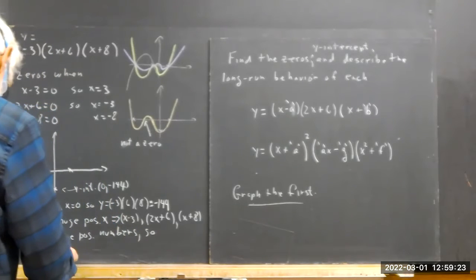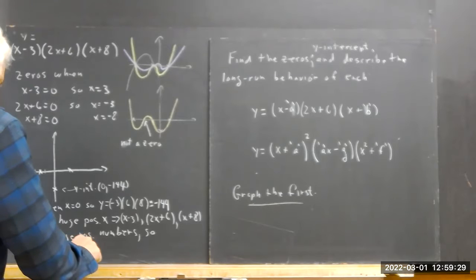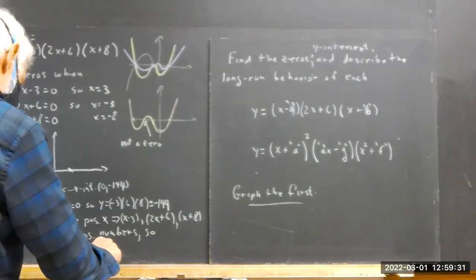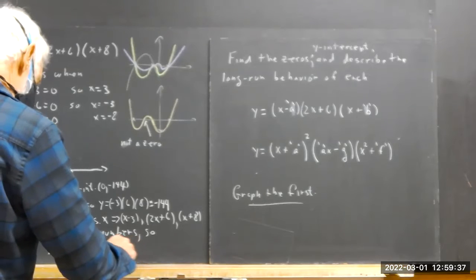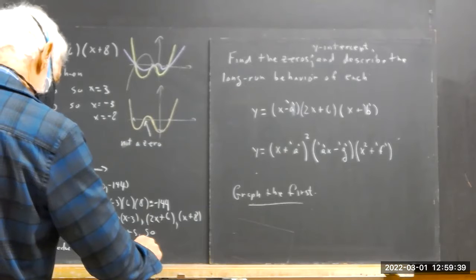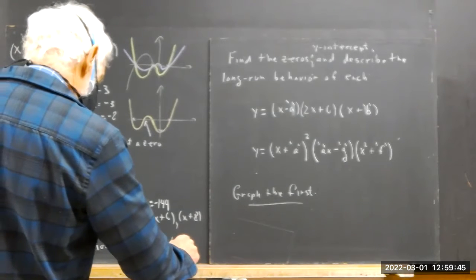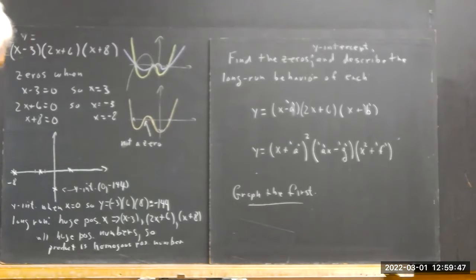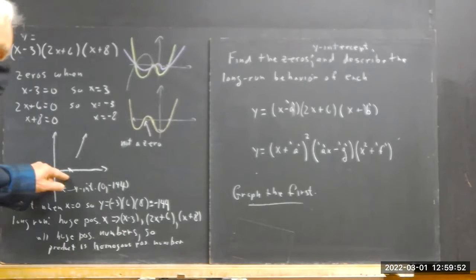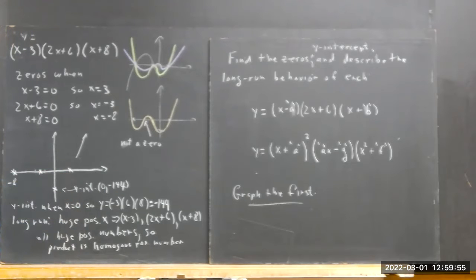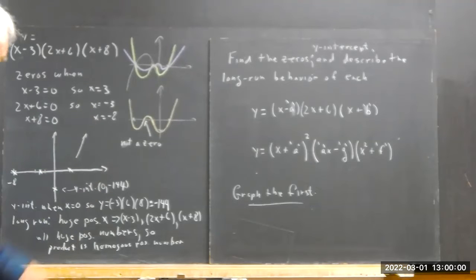So their product, and I'll use a word that's not really a word, is a humongous positive number. That means the graph has to go up rapidly after you pass this point. It can't go through zero again. It's got to go huge. Okay? It's got to be positive.